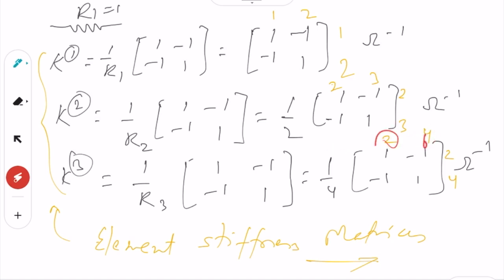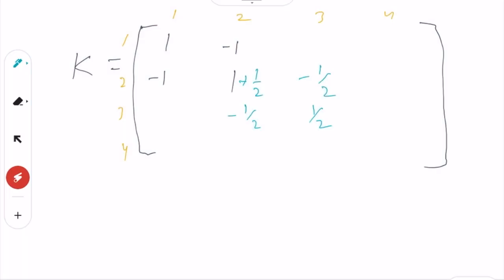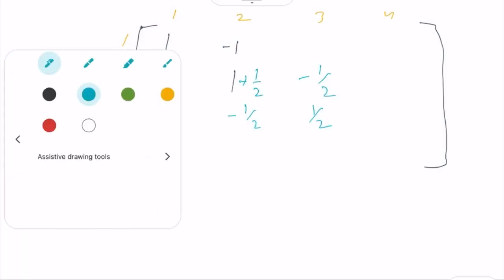So 2 4 2 4. We have to put this at the 2 2 position, this at the 2 4 position, this at the 4 2 position, this at the 4 4 position. Accordingly we will put that. Let us put it in a different color.